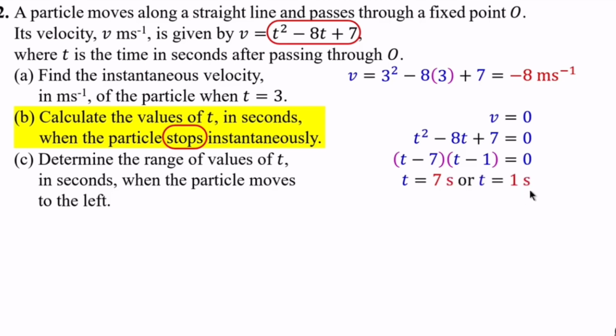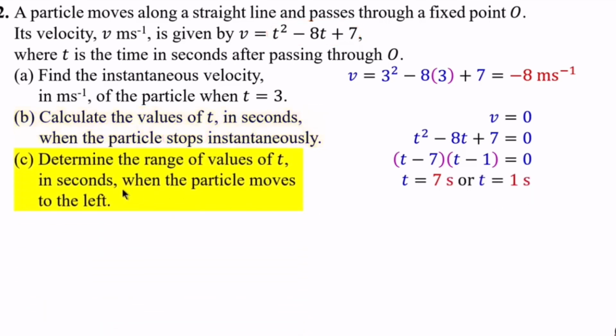Okay, so determine the range of values of t in seconds when the particle moves to the left. When the particle moves to the left, the v will be less than 0, right? Okay, so we will try to factorize and then we will sketch the graph. t squared minus 8t plus 7 less than 0.